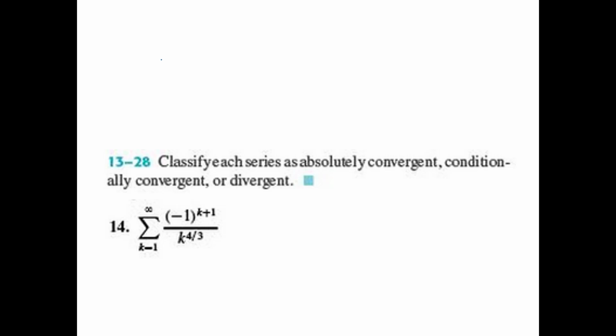So here, if we take the absolute value, all that is going to do is get rid of the -1, and you're just going to get 1 over k to the 4/3. P series, p is bigger than 1. Therefore, converges.